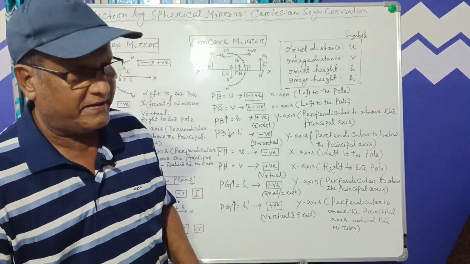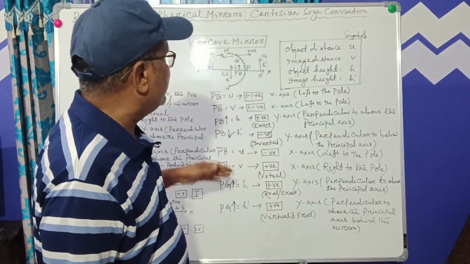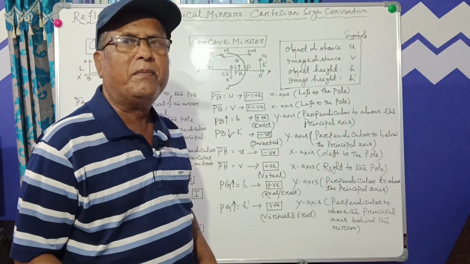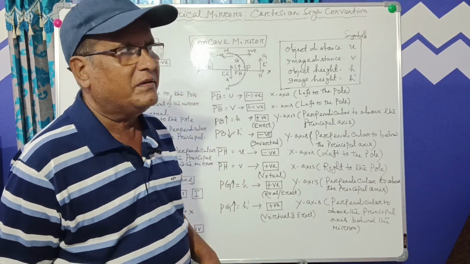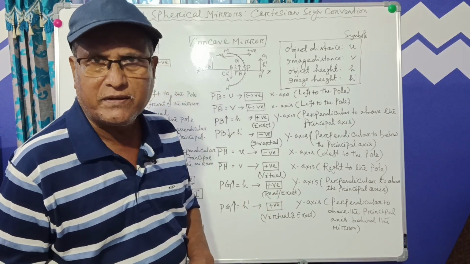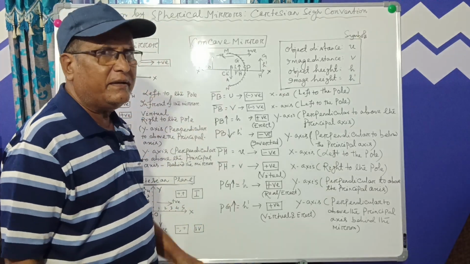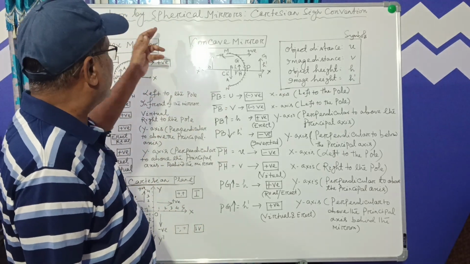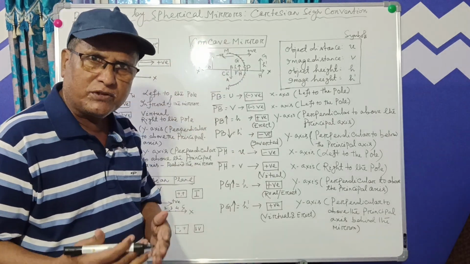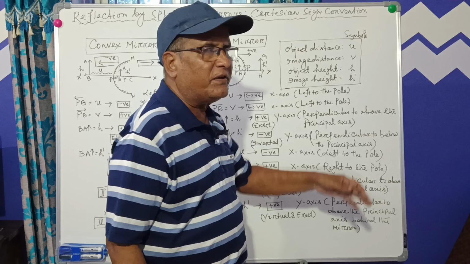Students, class 10. Let's recap. We discussed image formation by spherical mirrors, both concave mirror and convex mirror. Today we have taken the topic reflection by spherical mirrors, both concave and convex, and the Cartesian sign convention.